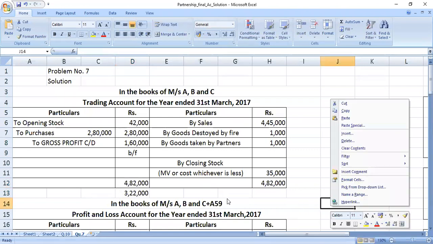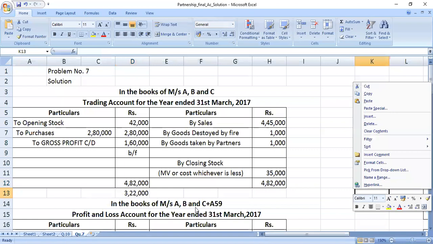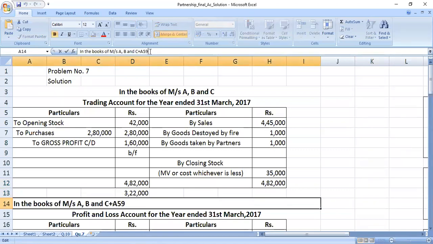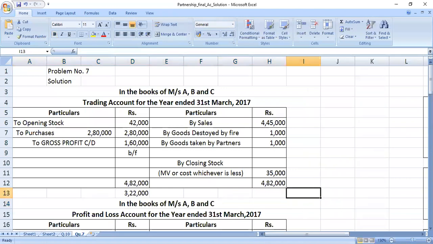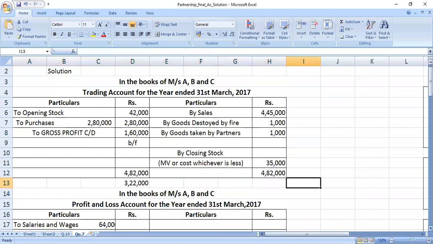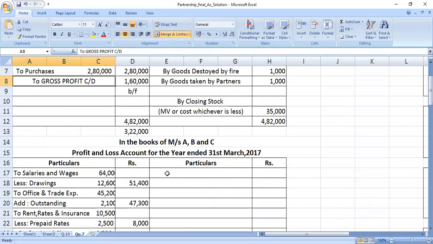Now friends, this gross profit we will transfer to the partners' profit and loss account credit side. By gross profit brought down, amount 1,60,000.